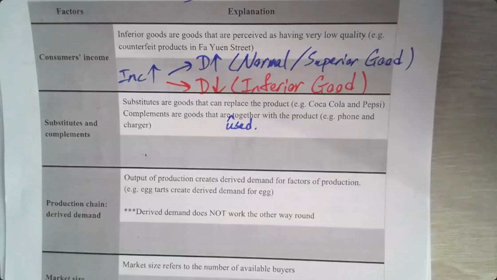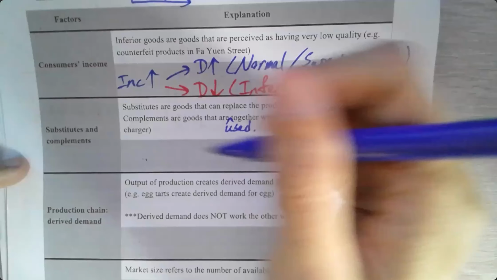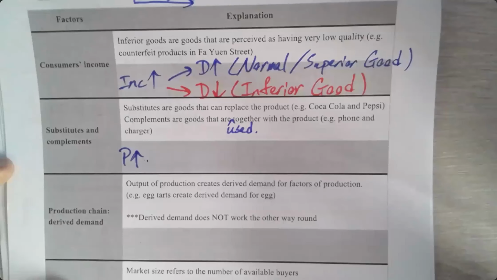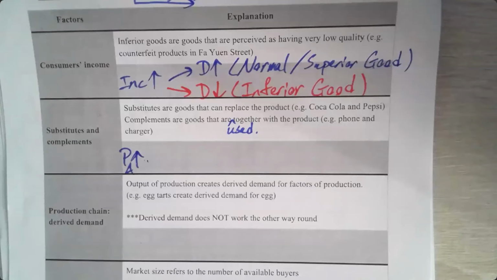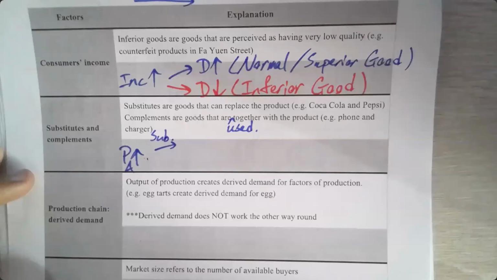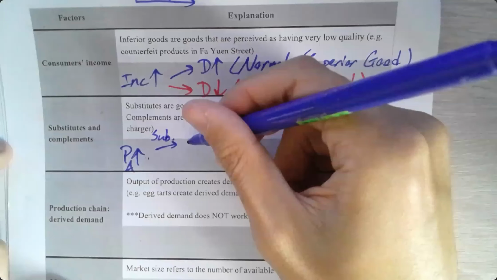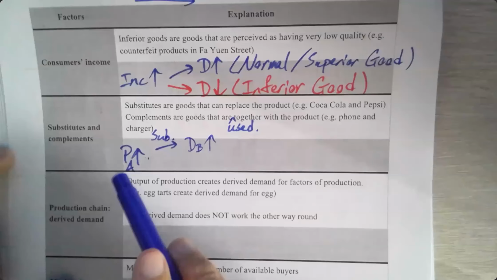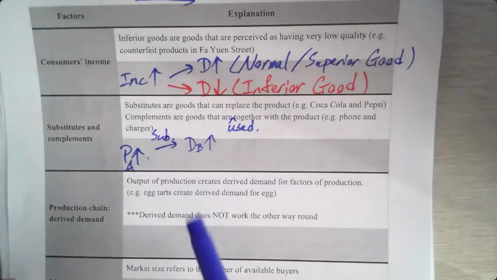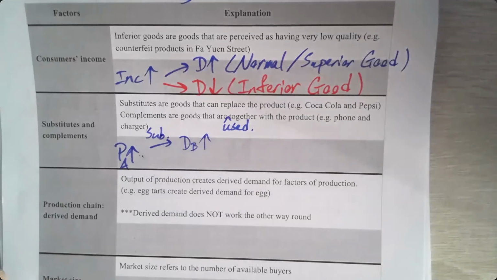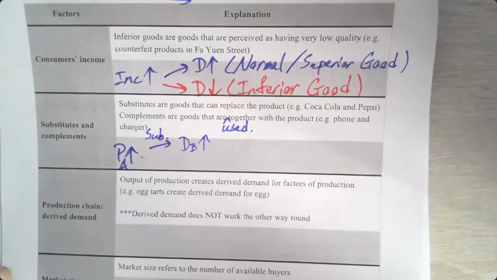Let's copy what the textbook says first, and then I will tell you what's the problem with the textbook. It says when the price of good A increases, if they are in a substitute relationship, then the demand for B would increase. Why? A is more expensive, so of course people won't buy A and will buy B instead. B can substitute good A, so the demand for B would increase.